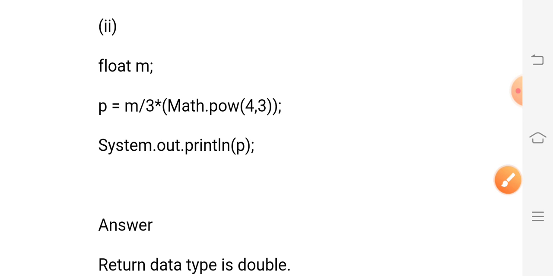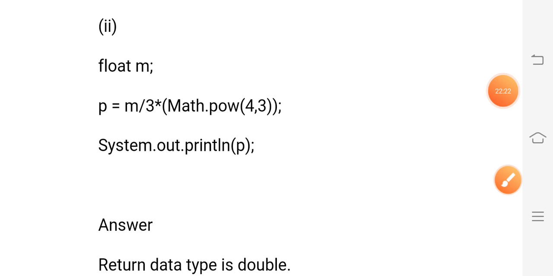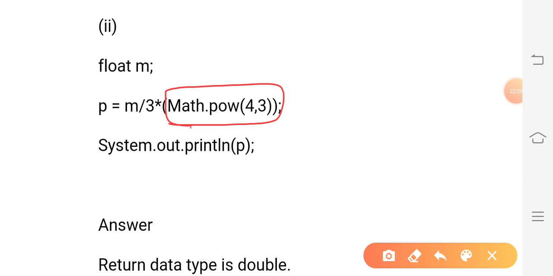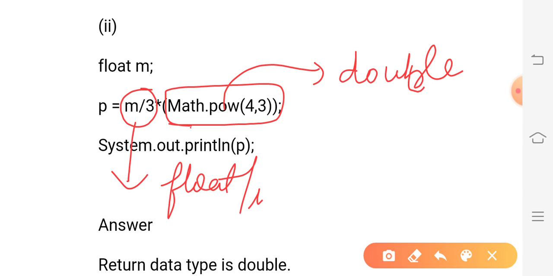Look at the second part. float m divided by 3 multiplied by Math.pow(4,3), System.out.print(p). What does this mean? We took a variable of float type. Now tell me when you perform this operation, m divided by 3 is something else, and this is what is written here. So first we will see precedence, which has higher priority. Priority of brackets is the highest, meaning whatever you write in the brackets will be solved first. So you will solve the brackets here. So Math.pow, POW stands for power function, and POW function always returns the value in double type, always. It is default, that means it is already fixed that whenever you use the POW function it will give the answer in double. Now m divided by 3, what will be the data type of this? What is the data type of m? Float. And 3 is what type of value? Integer, right? So float when divided by integer, answer will be in float again.